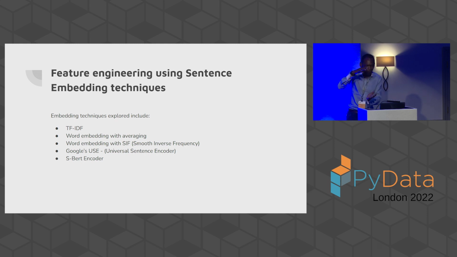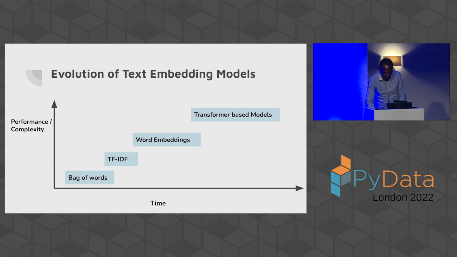Of course, other things happened from word embedding to transformers, but I've just ignored that. And this is not scientific at all, this is just my own observation in the space, of how I see things evolving in time and performance and complexity.